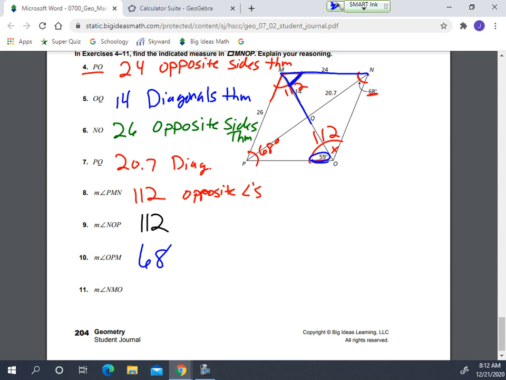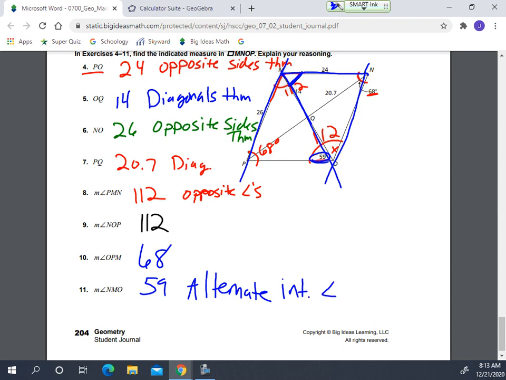These are parallel lines, right? So going back in the past, cut by a transversal. Hey, you know why that NMO is 59? Because of the alternate interior angles. Ha! Way back in the past. Okay, so we're bringing out some old information. That's good. We're connecting the dots. All right, but that is 7.2.